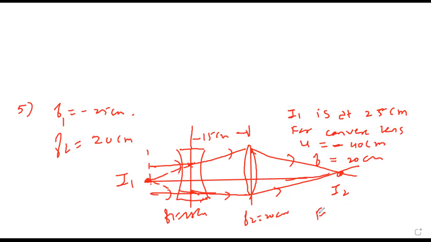So that means final image will be at 40 centimeter because object comes at center of curvature, correct? So final image is at 40 centimeter, or you calculate 1 upon v minus 1 upon u equal to 1 upon f. Or direct, this is double, so this is nothing but center, so image will be also at center on other side, which is 40 centimeter. Now followed.